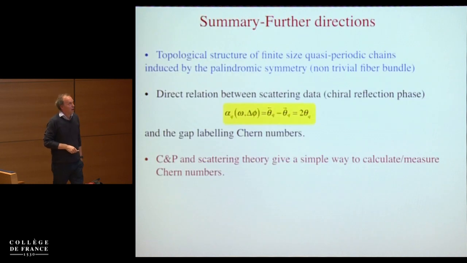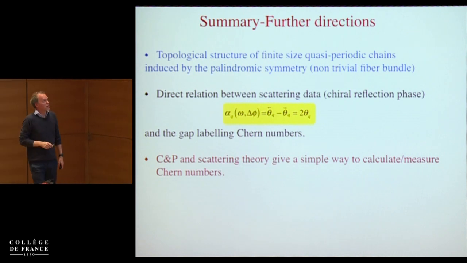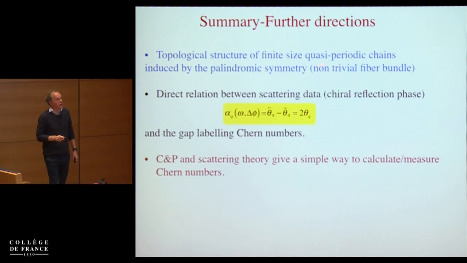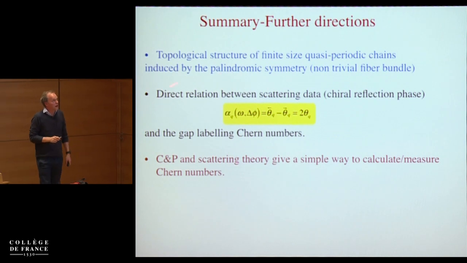Let me summarize all what I said. I said that the topological structure of finite size quasi-periodic chains is induced by the palindromic symmetry of the system. This is, in fact, the non-trivial fiber bundle of the system. Again, there is no magnetic field here. There is a direct relation between the scattering data, here this chiral reflection phase, and the Chern number.